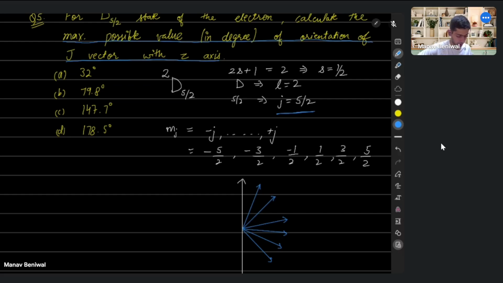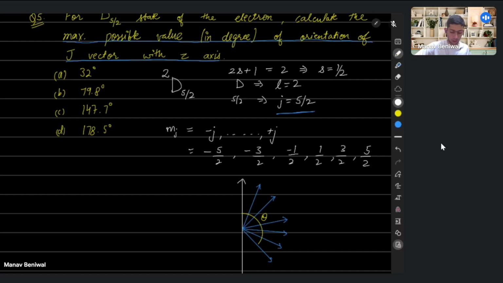You can already see that this will be the maximum angle. Let's write this angle as theta. This will be the maximum angle. You can already see that this theta will be larger than 90 degrees, so it's either option C or option D.